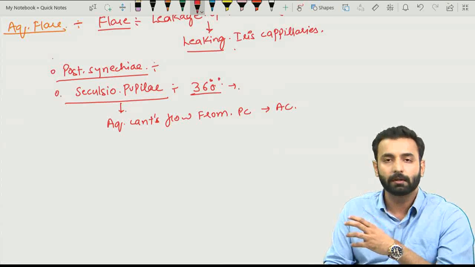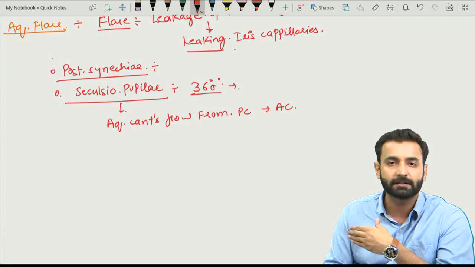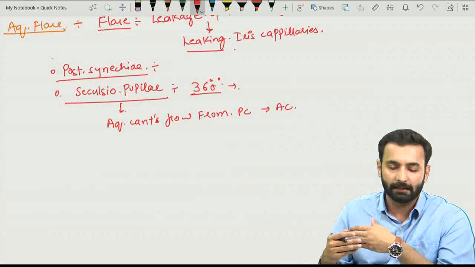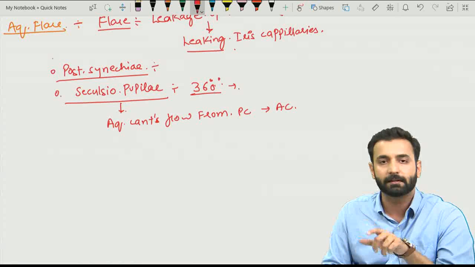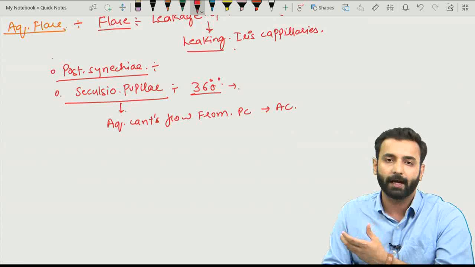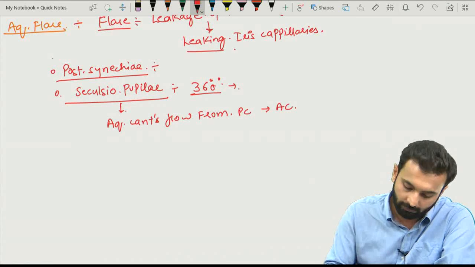Normally the aqueous flows from the posterior chamber to the anterior chamber via pupil, right? But in seclusio pupillae, because of the 360 degree posterior synechia, there is no flow of aqueous from the posterior chamber to anterior chamber, right?